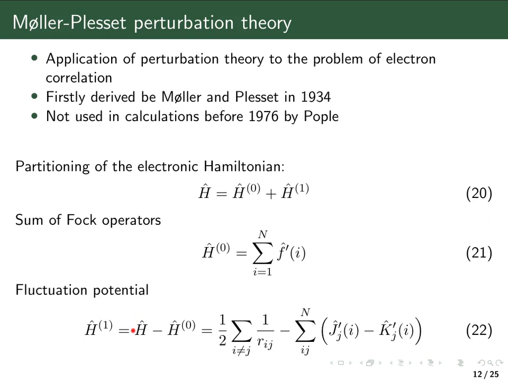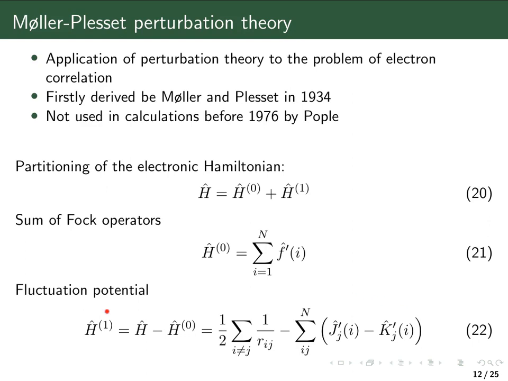In the full Hamiltonian, of course, we have the normal Coulomb law repulsion operator, 1 over the distance between the electrons, whereas in the Hartree-Fock Hamiltonian we replaced that by an average potential with the Coulomb and the exchange operator. So the perturbation operator is just the difference between these two ways of treating electron-electron interaction, the correct one minus this averaged one.